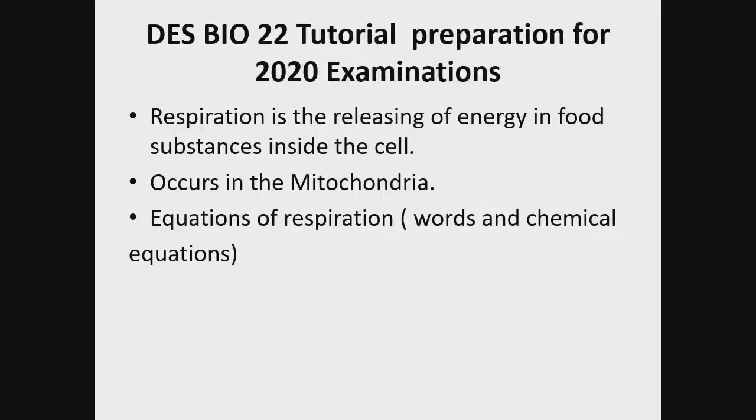Now, there are two types of respiration: aerobic respiration and anaerobic respiration. Looking at the two types, we need to be able to distinguish between them. Aerobic respiration is a releasing of a relatively large amount of energy in the presence of oxygen, while anaerobic respiration is the releasing of a small amount of energy in the absence of oxygen.